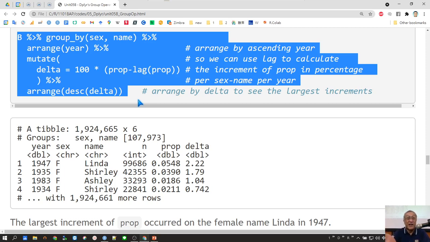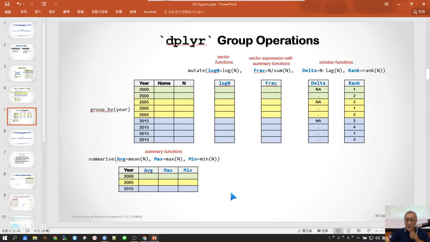For example, mutate: if you do a vector mutate like this, the group will not affect you at all, but it would be calculated slower. But if you do this type of mutate, group is important.